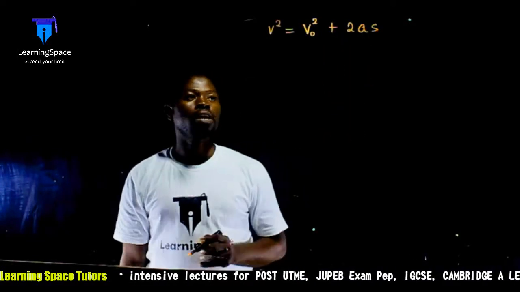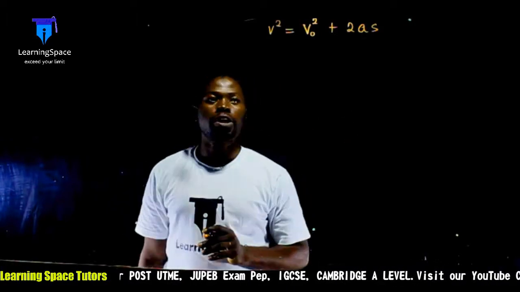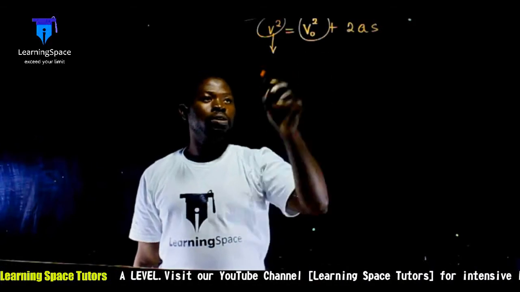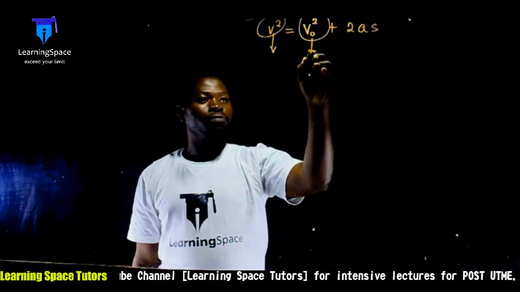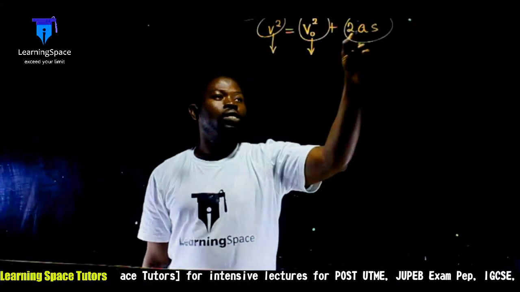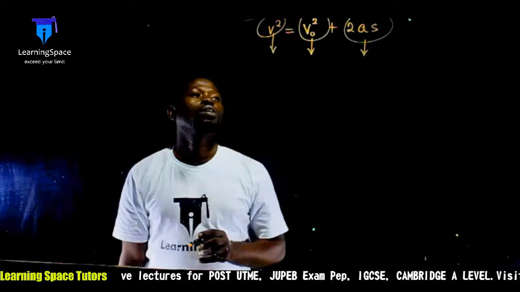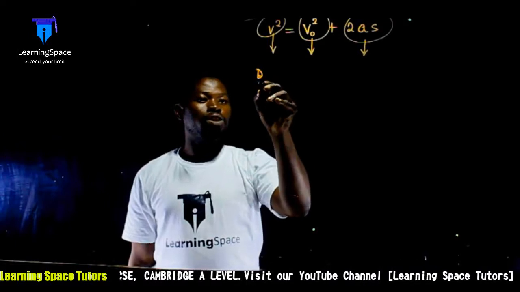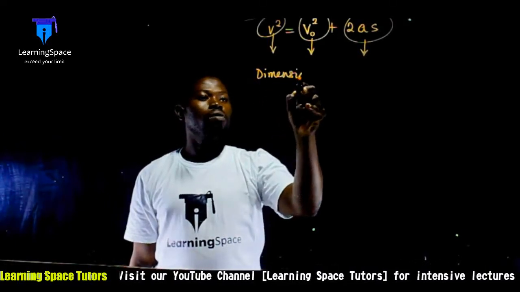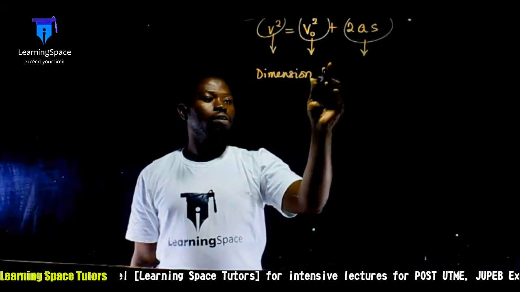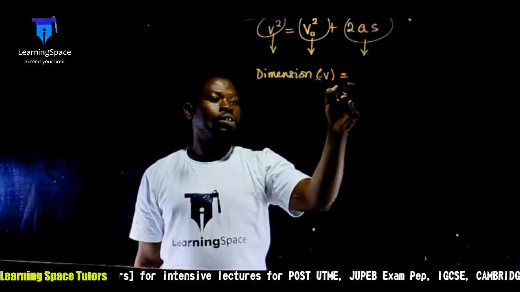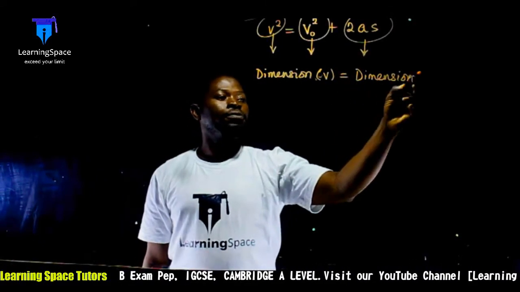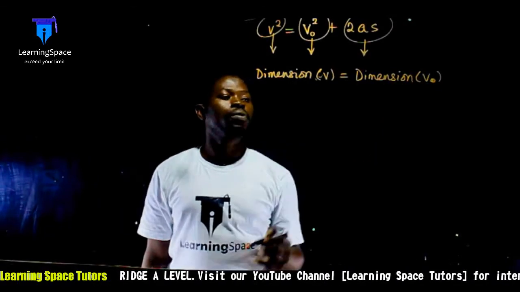2as. Now, if this equation is dimensionally correct, it means that the dimension for v squared will be the same as the dimension for v naught squared, and the same as the dimension for 2as. Now, we know that the dimension for v will be the same as the dimension of v naught, since both of them represent velocity.